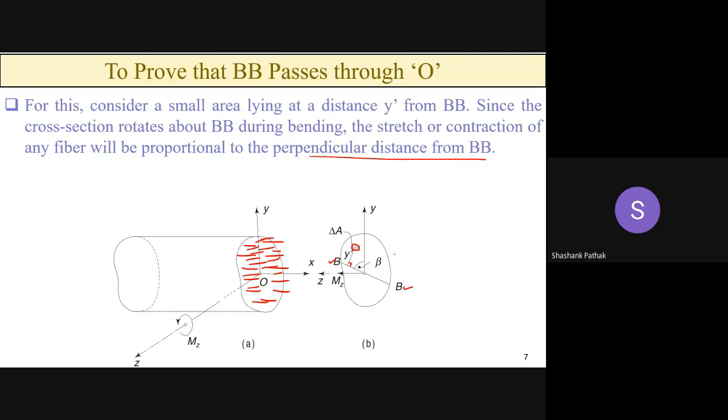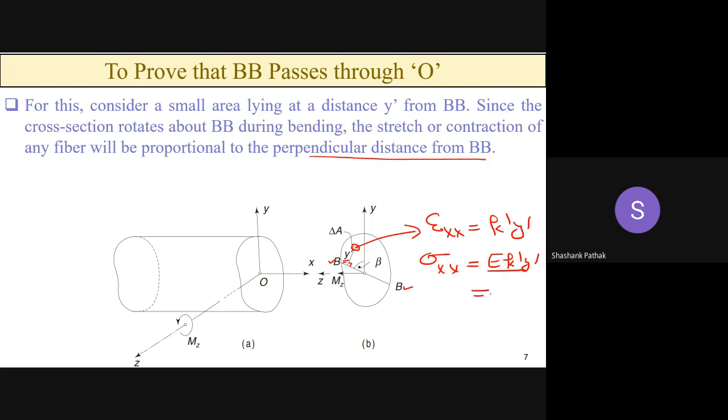So y prime is basically this distance, if you see. We are calculating strain in this particular fiber. So epsilon xx here is k prime y prime, and sigma xx will be E k prime y prime. So E k prime we can write collectively as k, giving k y prime.